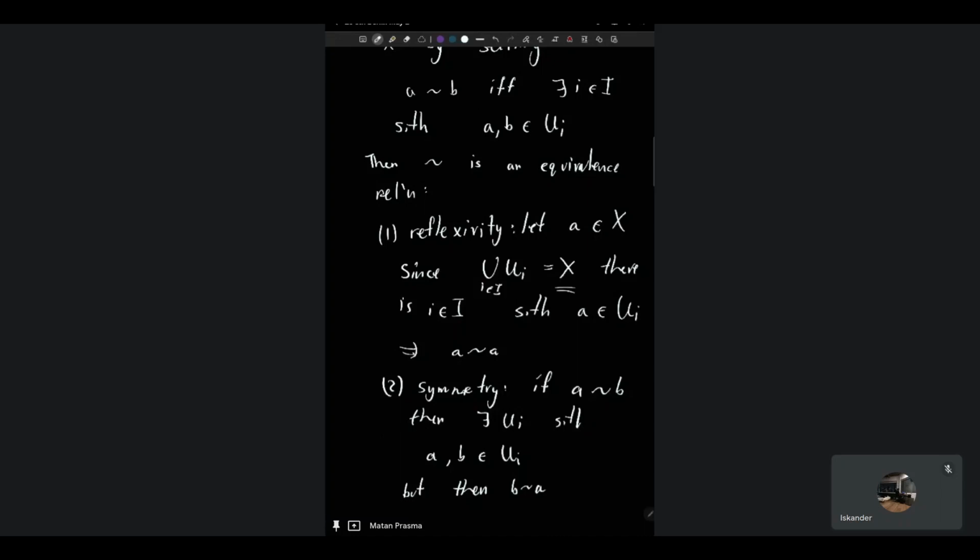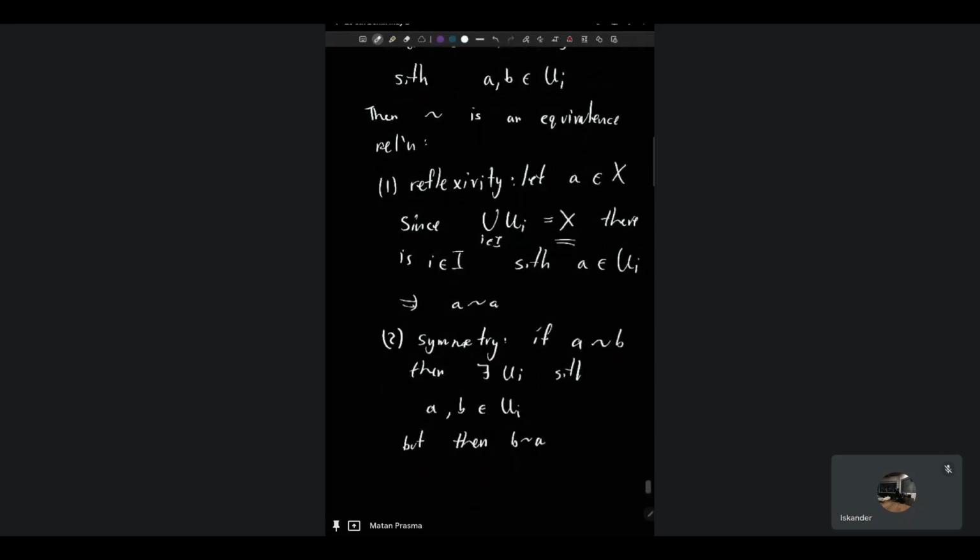And transitivity is also the same. It's also very easy. Transitivity: if a is equivalent to b, then a and b are elements in U_i.